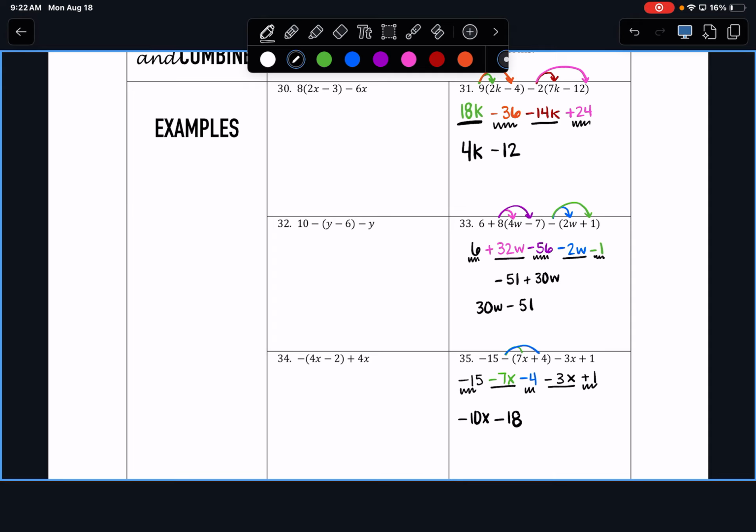All right. So for 34, you end up with negative 4x plus 4x, right? So when you do that, what is negative 4 plus 4? 0. Now, just because we throw the x in there, does it change that? It does not, does it?